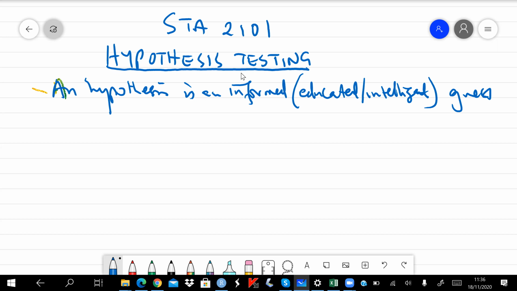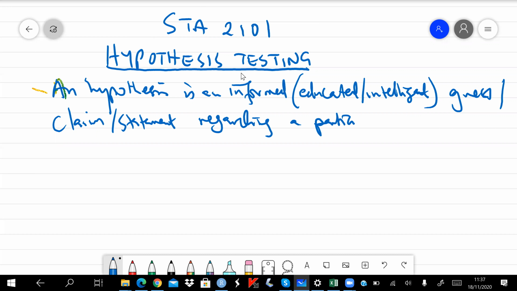It is an informed guess or an intelligent guess or claim, or you can say statement, an informed claim or statement or guess regarding a particular descriptive measure of a given population.